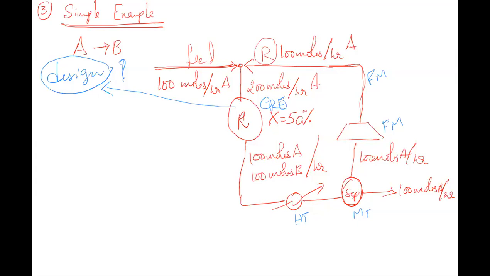Let's discuss how I design this particular reactor. I have a rate of reaction of, let's say, 10 moles of A per second. What does this rate mean? If I hold these molecules in this reactor for a second, 10 molecules will be converted.